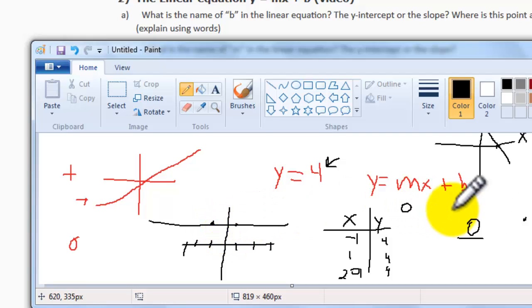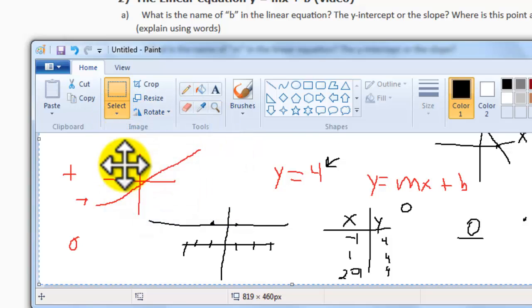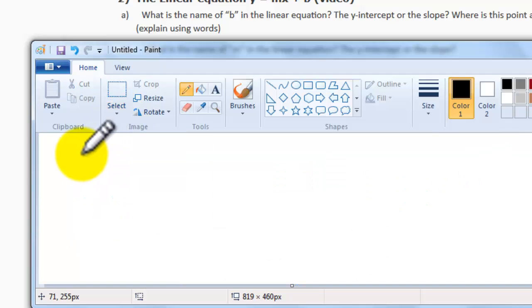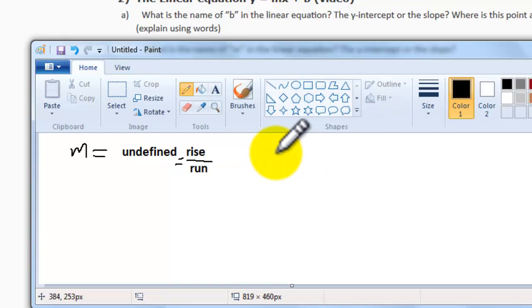But I'm stuck there. Okay, and for the last example of slope, where slope is undefined, m is undefined, let's type it, it's faster. That means you have a rise over run where you could have any value for the rise, but your run becomes 0.